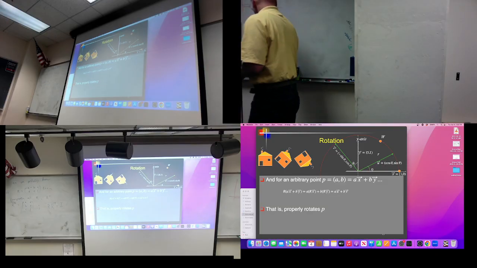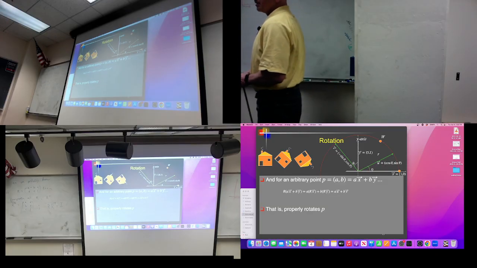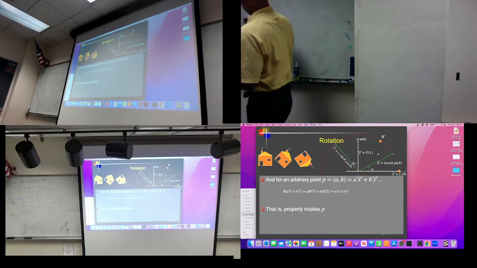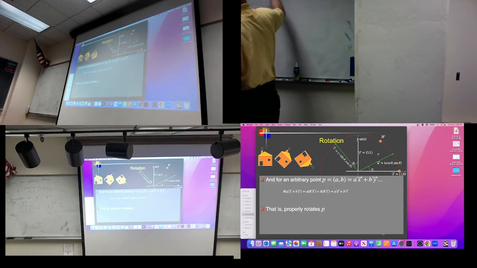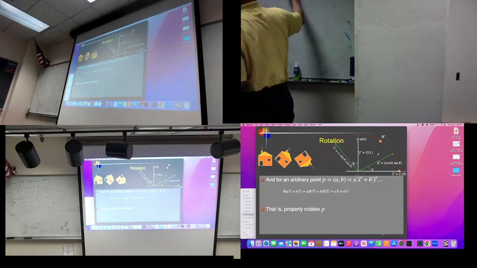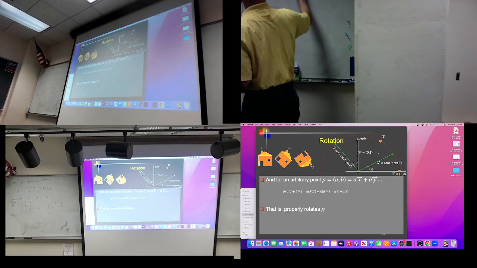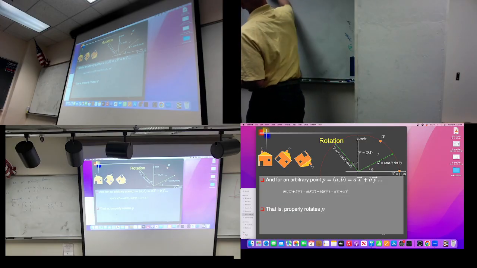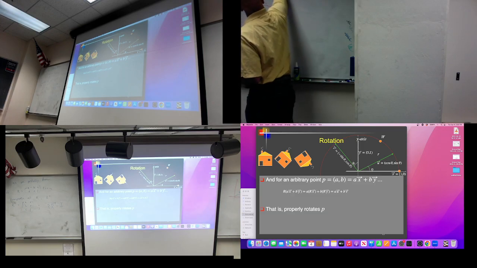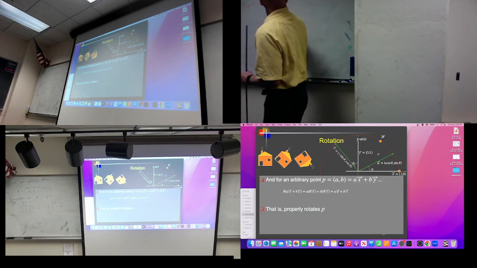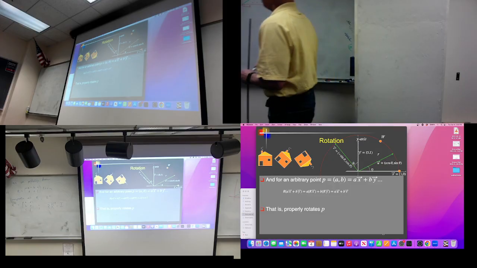I'll understand this recipe, this algorithm of go A units and then B units, as go A units, but now in the u direction. So it's A times u, plus, after you reach whatever destination, go B units in the direction of v.